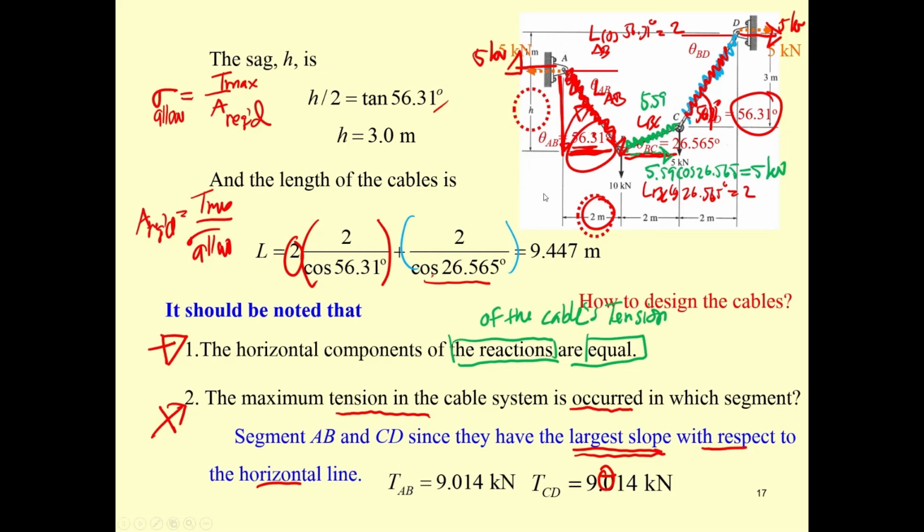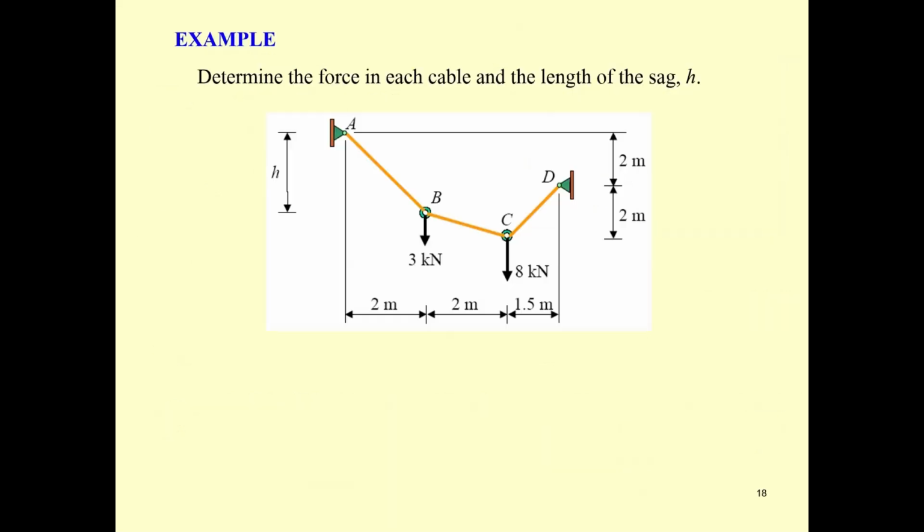Okay. Then we have many examples in our PowerPoint, and this one is pretty much the same. You determine T sub AB, T sub BC, T sub CD, and then H. That is going to be the same as before.